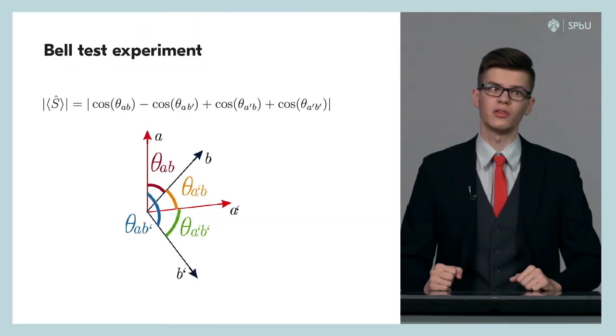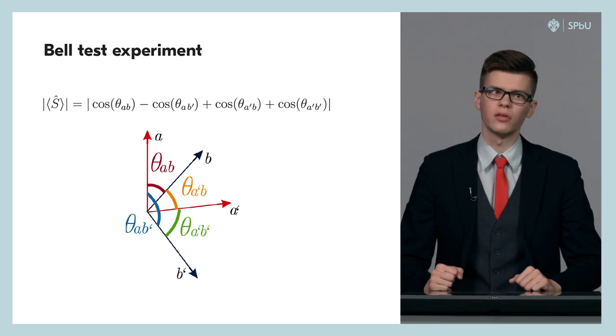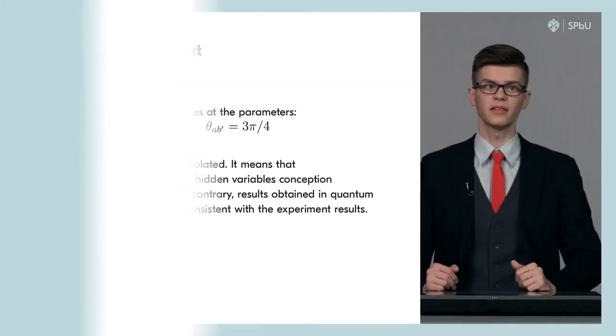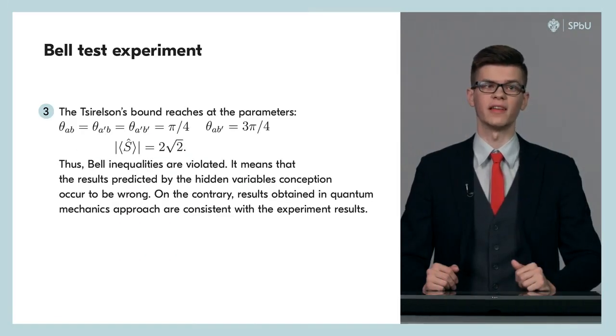If one chooses the directions so that the angles theta AB, theta A prime B, and theta A prime B prime are equal to pi over 4, and the angle theta AB prime is equal to 3 pi over 4, then one reaches the Tsirelson bound for the absolute value of averaged S. Thus, the Bell inequalities are violated.